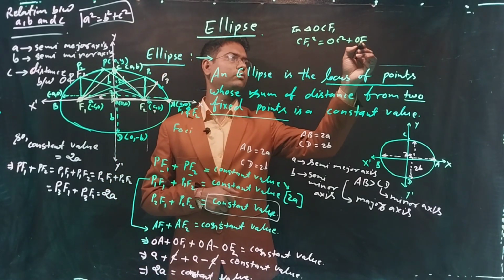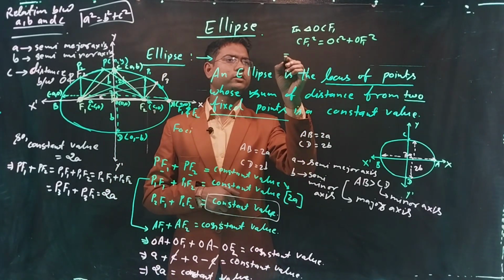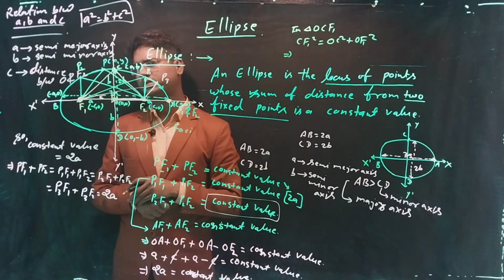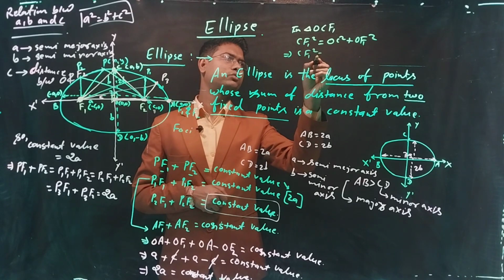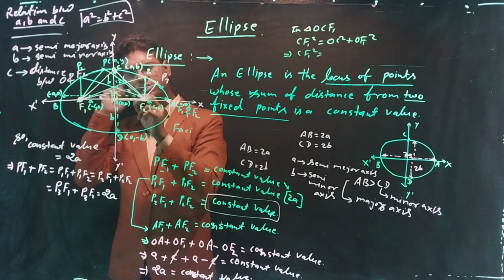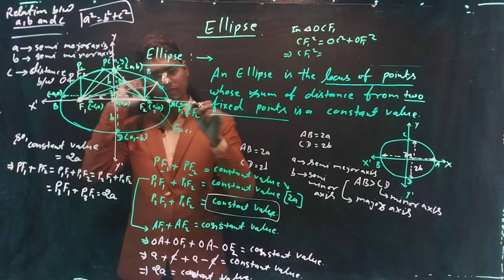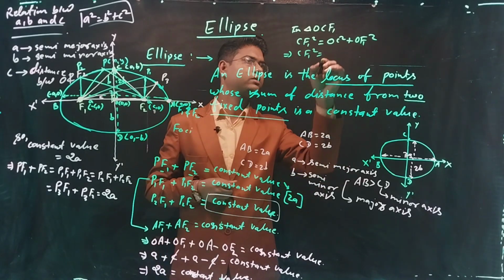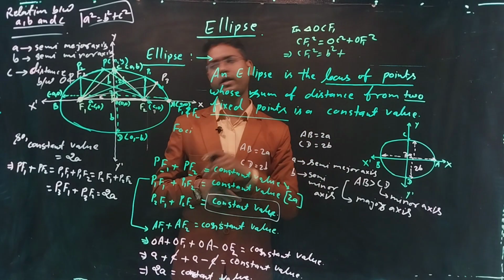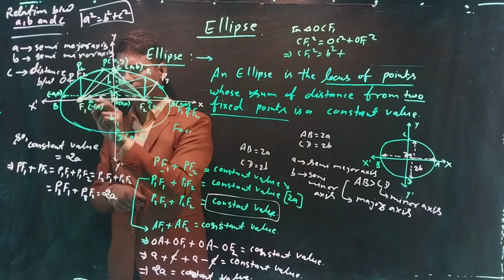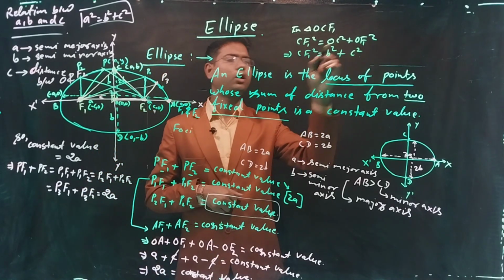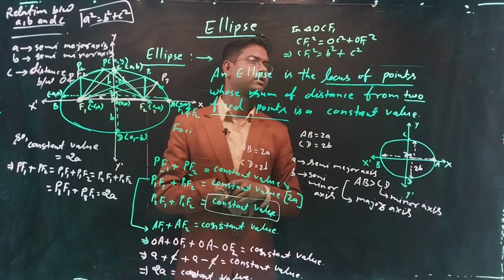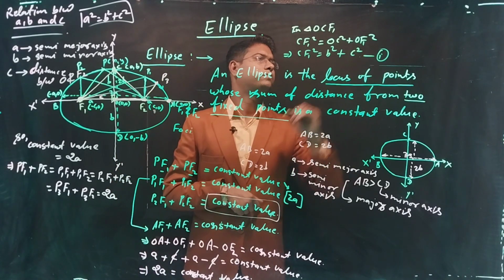This implies that CF1 square is equal to OC square, OC meaning B square, plus OF1, meaning C square. This is equation number first.